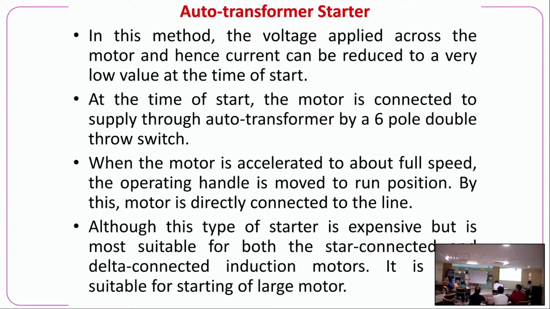When we apply voltage x times the phase voltage, what happens to the phase current? Same thing, current is x times the phase current. Okay, so what happens to the torque? Torque is x square times.